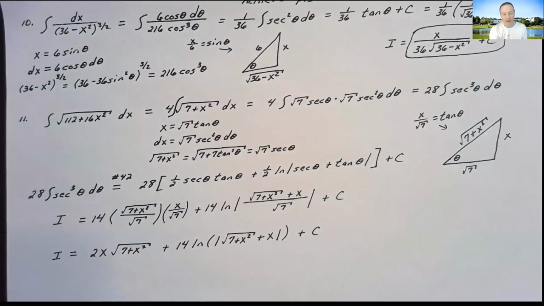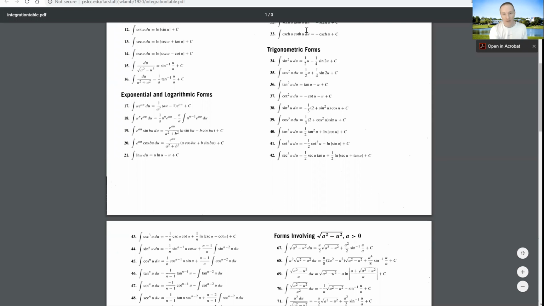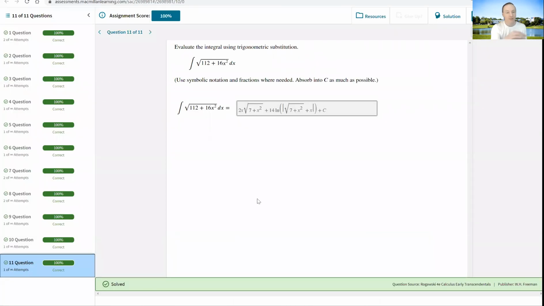So we have to rely on that table of integrals in that scenario. But when I entered this into Achieve for this problem, Achieve liked it just fine. So that finishes out this section. Hopefully this helps you out. This section usually gives students a little bit of stress, but I think you'll find it pretty fun once you get used to working with the problems.